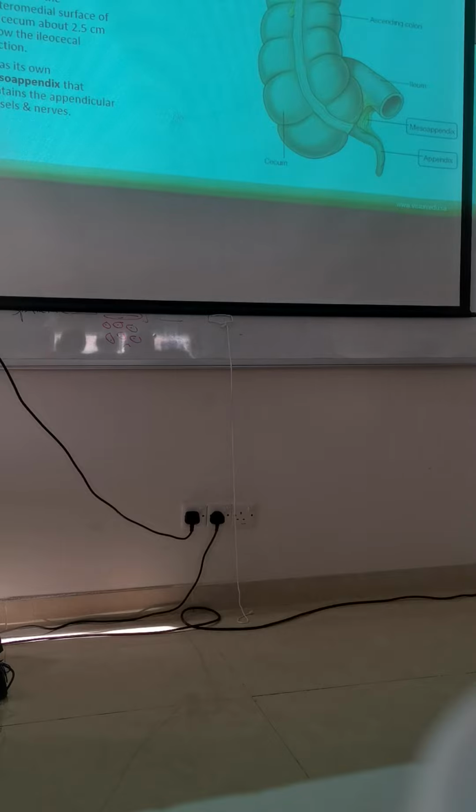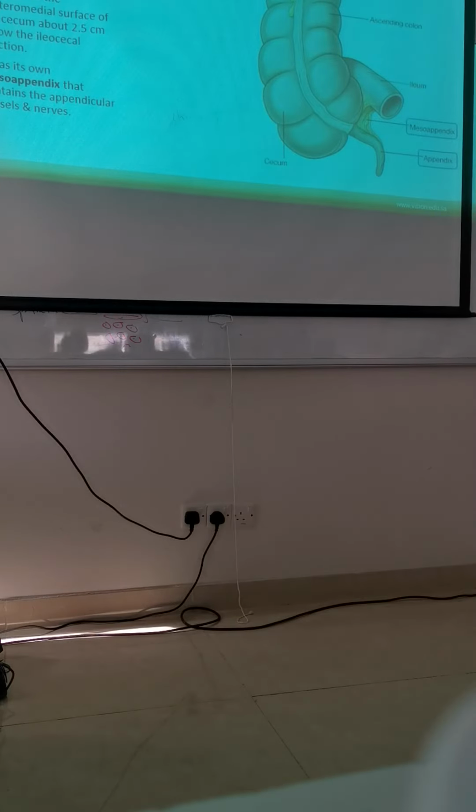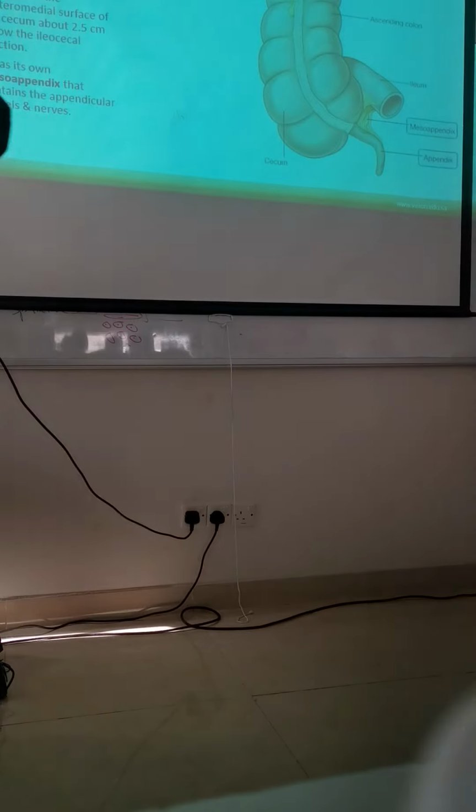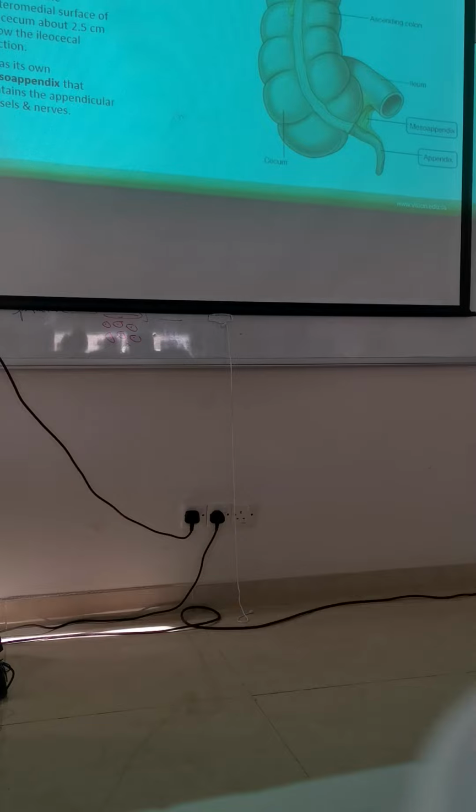When we say transverse mesocolon, the mesentery of the transverse colon. Where will the mesentery be attached? As I told you, rule of thumb, the posterior abdominal wall, somewhere at its level. So what does mesoappendix mean? The mesentery of the appendix.